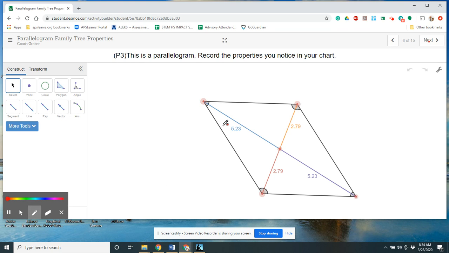So this length is the same as this length here. The way we say that in geometric terms is these diagonals bisect each other, they cut each other in half. So this line and this line, when they intersect here, they cut each other in half. But these two lengths are the same, and these two lengths are the same.